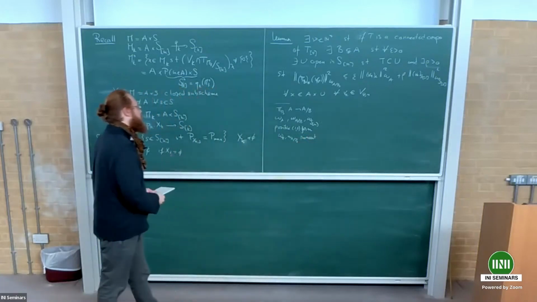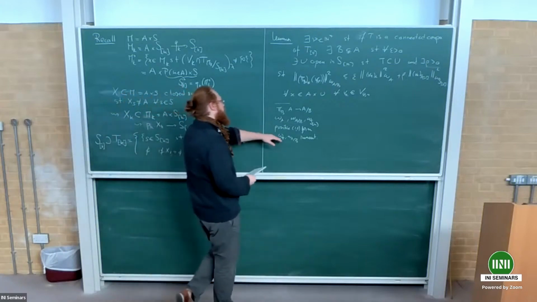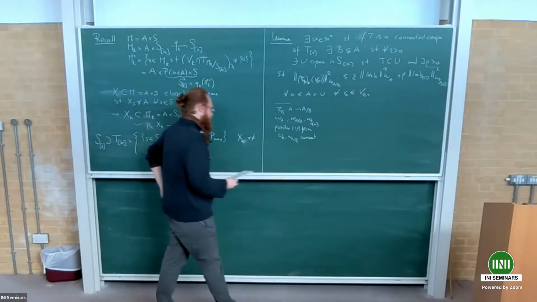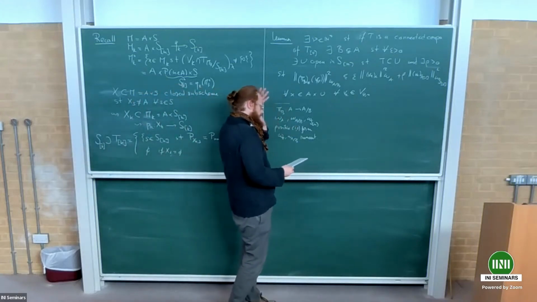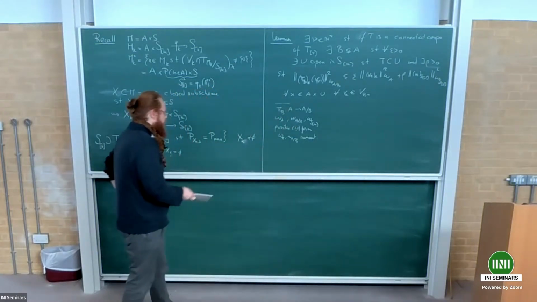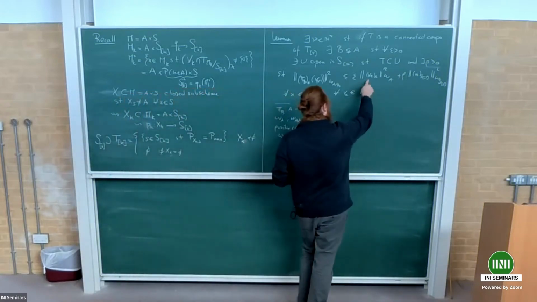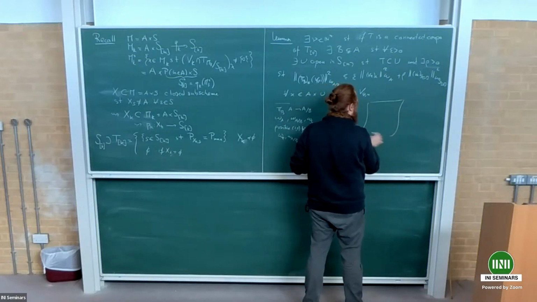Okay, so this is important just so that we can use the harmonicity, subharmonicity of the argument, which was explained by Erwan. And so here, let me just make a picture maybe.